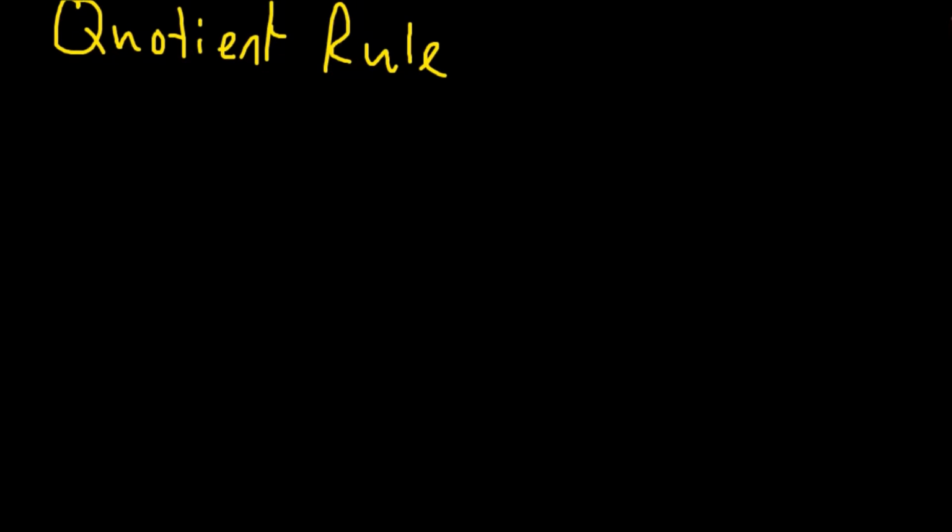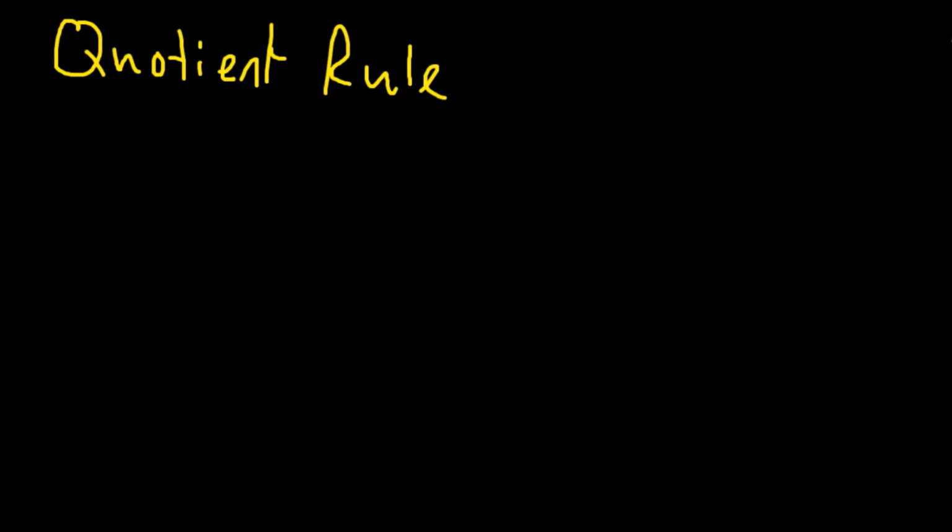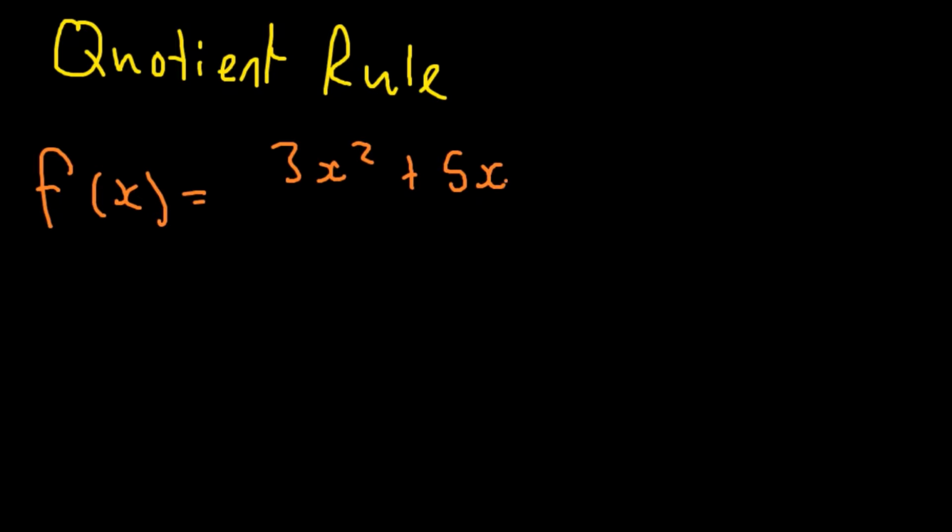So let's first look at if we can already evaluate such a function, where f of x equals 3x squared plus 5x plus 7 divided by 4 minus x. Let's see if we're equipped to handle such a thing.